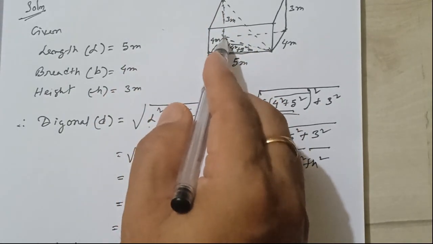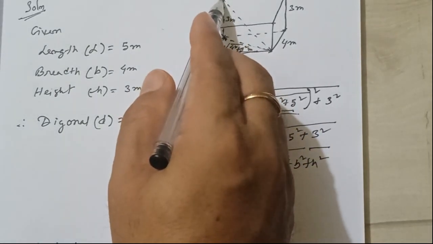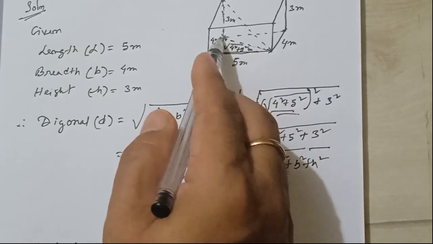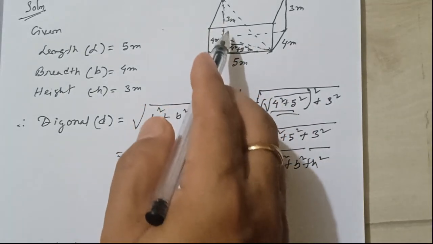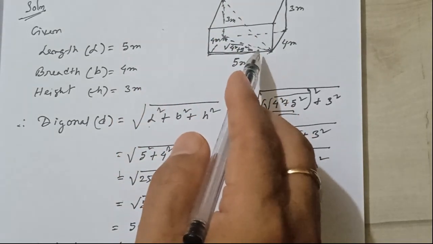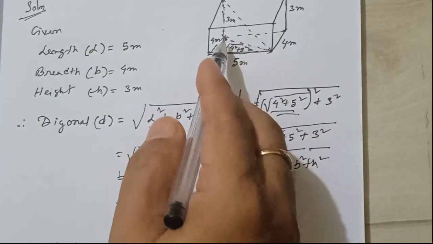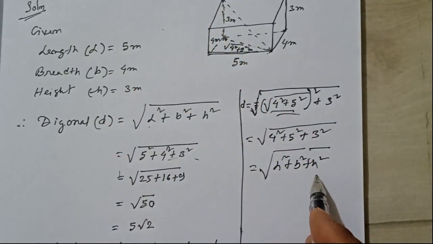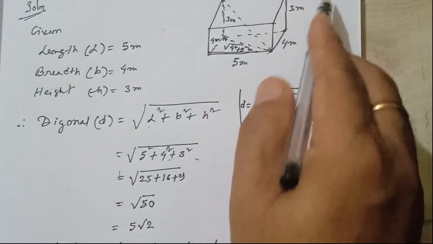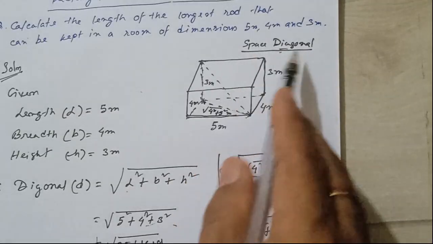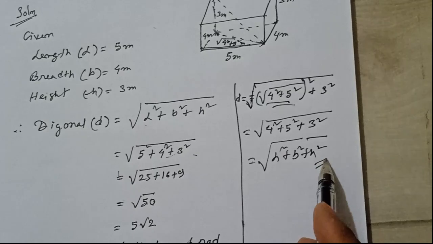First we find this value from here to here, this line, then we again use Pythagoras theorem to find this value because we know this line and this line. We already have the length of this line and this line, and by using Pythagoras theorem we see that the value of this diagonal, the space diagonal or the body diagonal, is the square root of length² plus breadth² plus height².